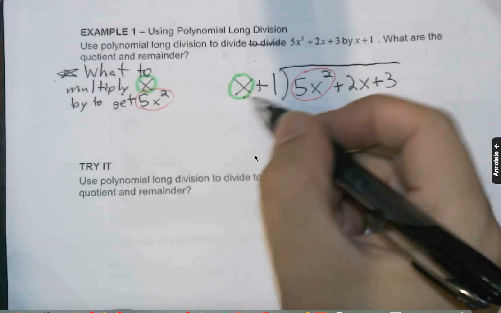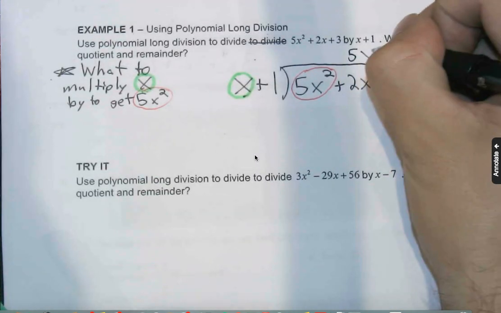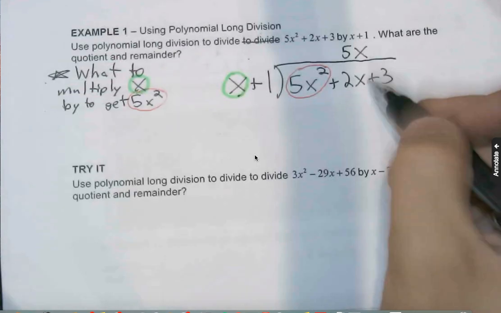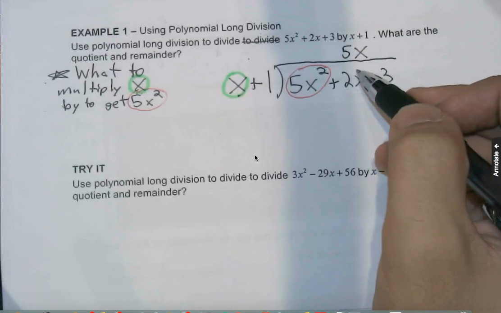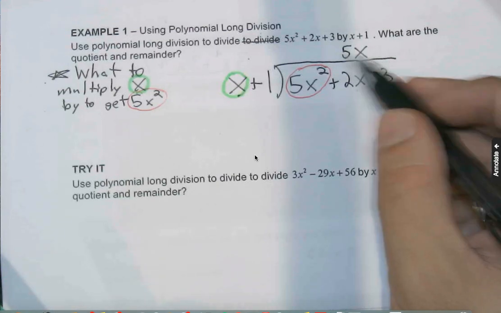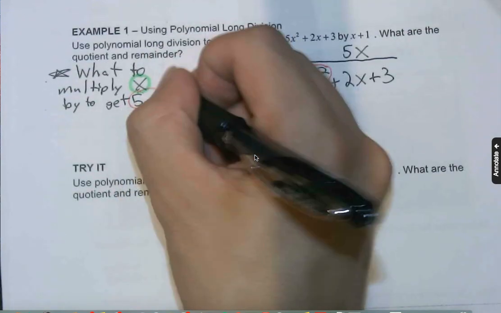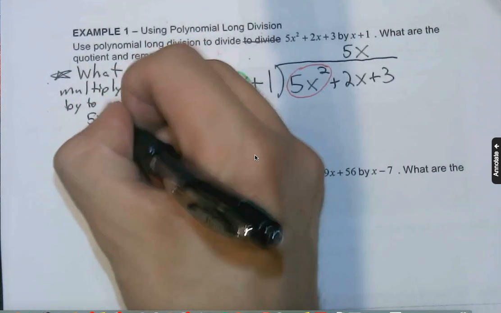And since this is just 5x, I'm going to leave this over the 2x because I try to line up my exponents so that they're lined up and I don't have to rewrite anything. It would seem kind of odd to have 5x over this 5x squared. So I know that 5x is what I'm looking for.